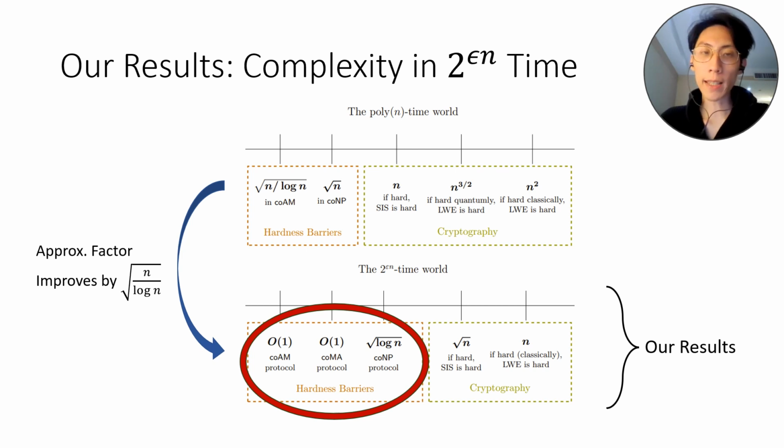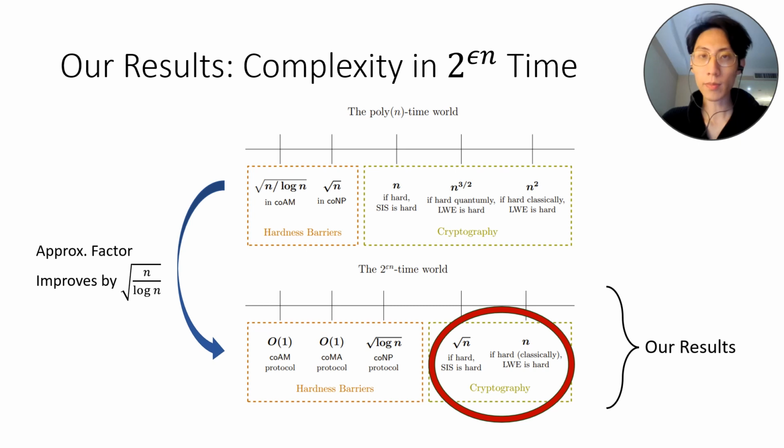While most of the technical results happen here on the left-hand side when we play with the protocols, we realize that these results are applicable in the worst case to average case reductions on the right-hand side. As a result, we are able to apply them and port over the similar improvements in the approximation factor for these worst case to average case reductions.